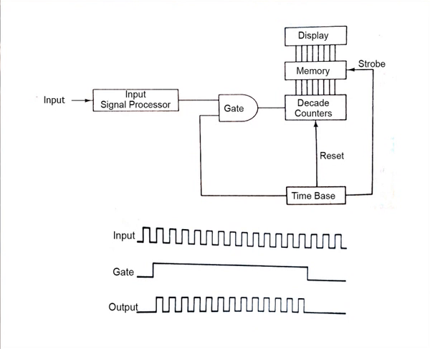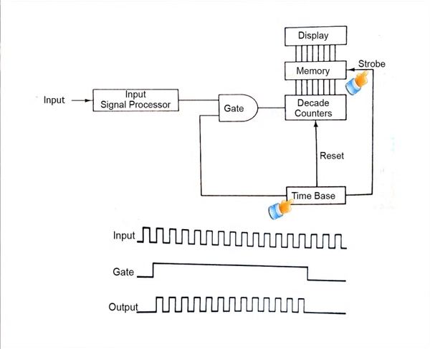So, the number of pulses in 1 millisecond will turn up into the units of kilohertz. Similarly, if the time base produces a pulse of 1 microsecond, then obviously the counter will read the frequency in the units of megahertz.